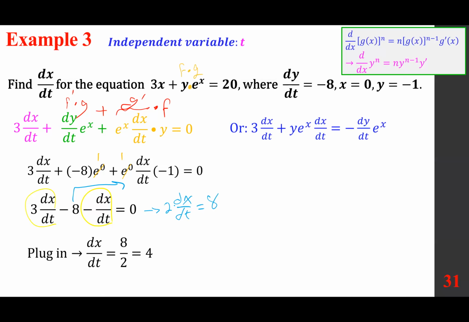If they asked you to solve, class, because you want to solve for dx dt, you're going to keep this guy, you're going to keep this guy, and you're going to move this to the other side. So when you do that, it takes a negative sign, everybody. So this one remains. This one moves, and it becomes negative. This one moves, and it becomes negative, everybody.